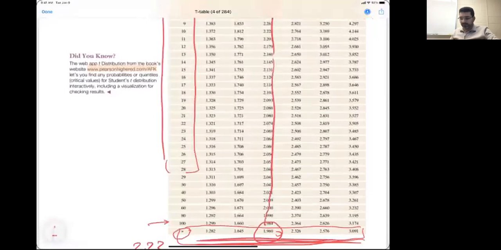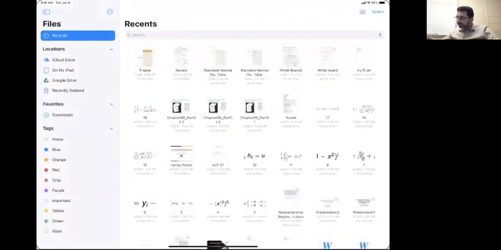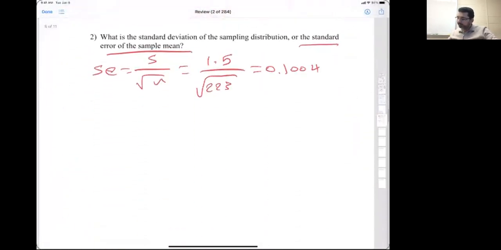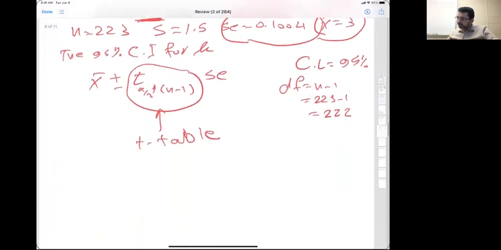So the T score now is 1.96. So t alpha over 2, n minus 1, is equal to 1.96. Now you can find the confidence interval.